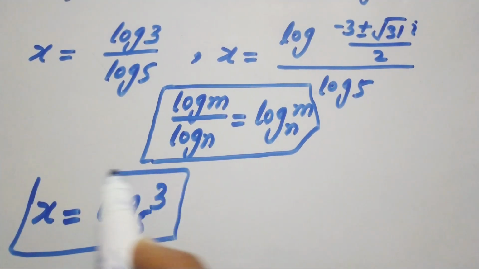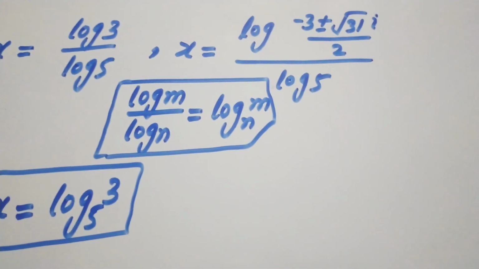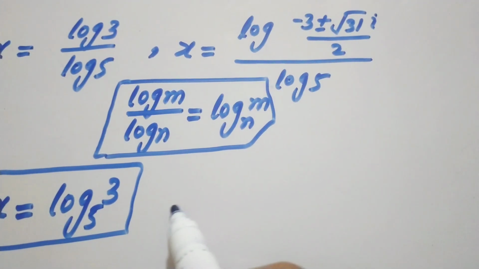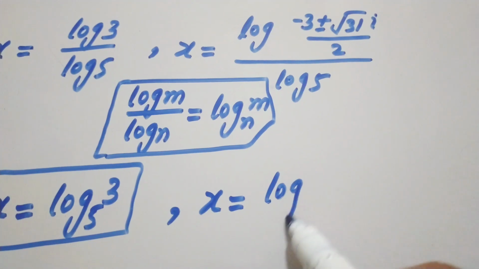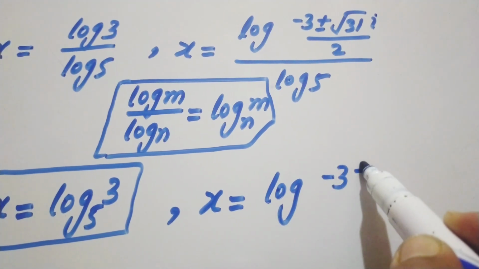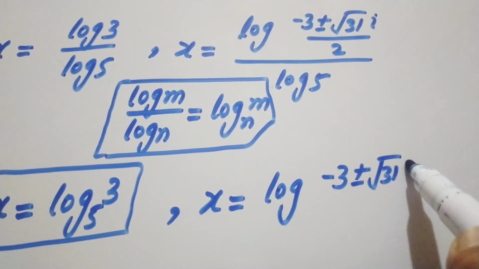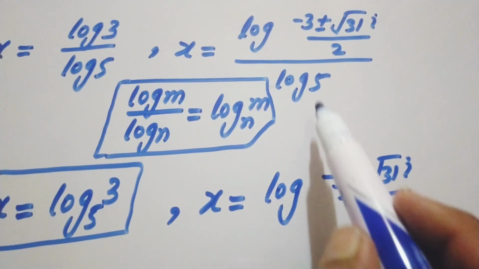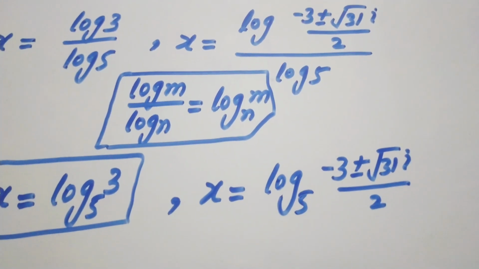This is the first value of x, and by using this property here, this will become x is equal to log of minus 3 plus minus square root 31 i divided by 2 to the base 5.